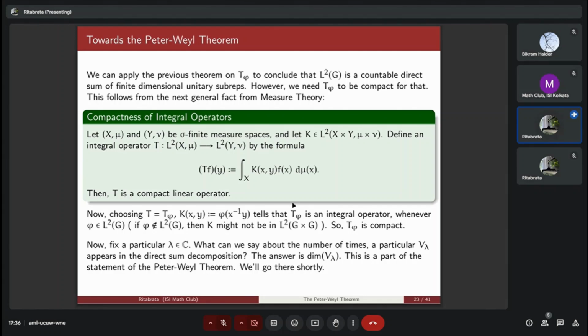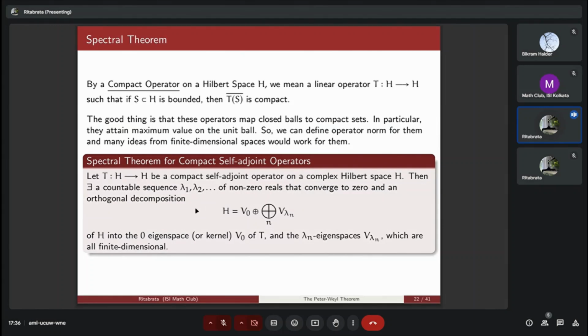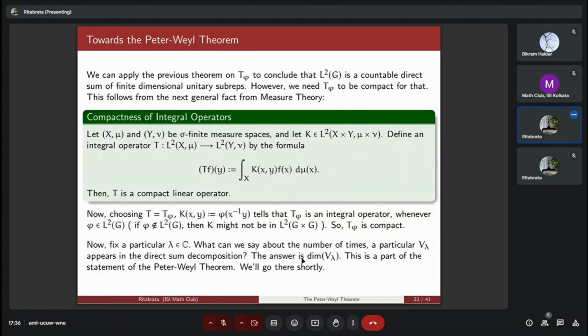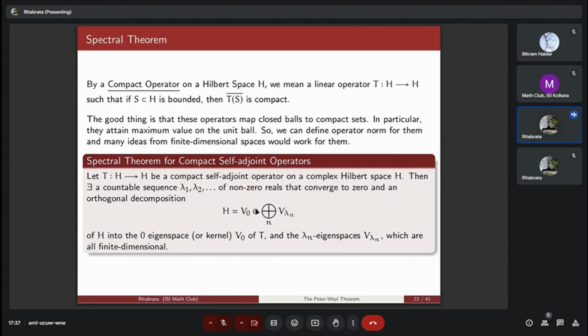Now here is one thing. We write our Hilbert space as a direct sum of lambda eigenspaces. In this case, for a T phi, H was L2(G). So here is one fundamental question. We have to pick a particular fixed eigenspace. All these things might not be distinct, they might be the same, as there can be multiplicities.